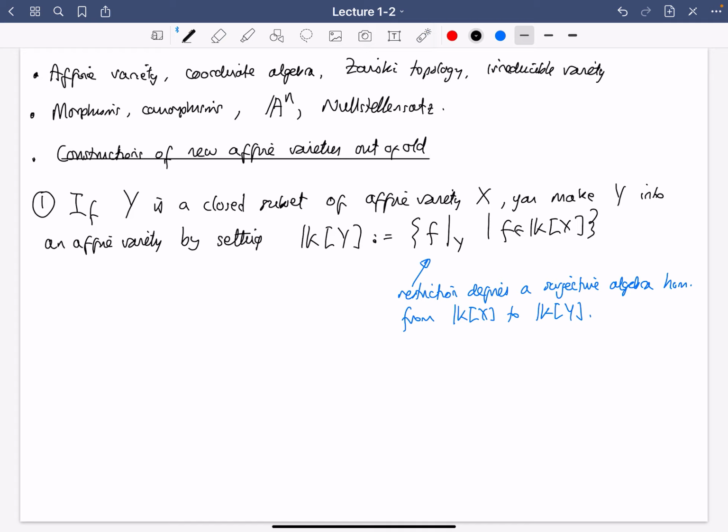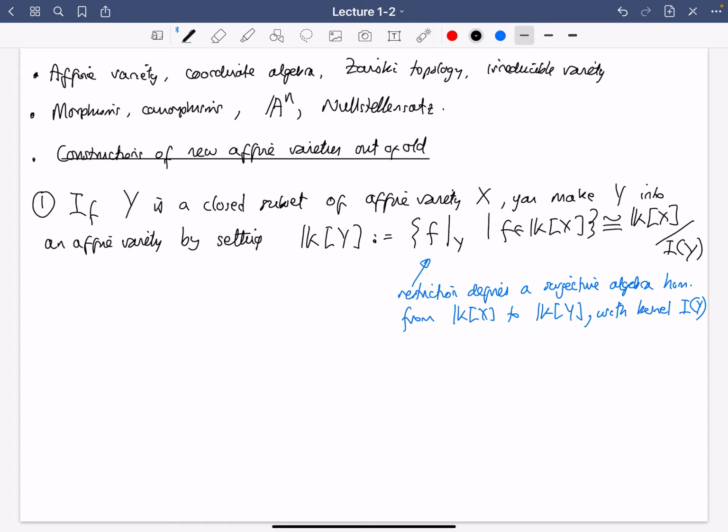So that restriction homomorphism maps k[X] onto k[Y], and that means that the coordinate algebra of Y will be the quotient of the coordinate algebra of X by the kernel of that homomorphism, which is just exactly the ideal of all functions vanishing on Y. So that means the coordinate algebra of Y is isomorphic to the coordinate algebra of X, quotiented out by that ideal of the functions that vanish on Y. So great.